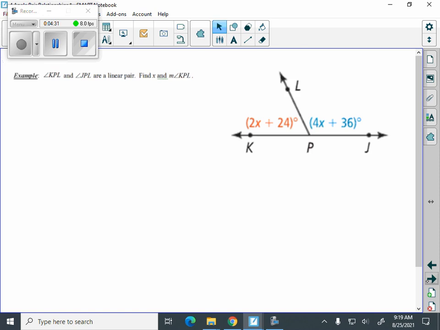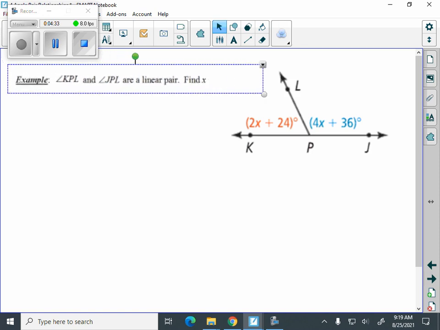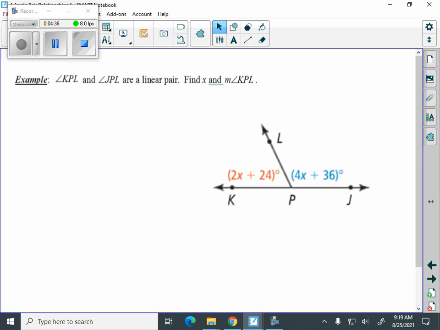So, we take a look at our example here. We've got angle KPL and angle JPL are a linear pair. And the nice part on this one is that it's already labeled for us.